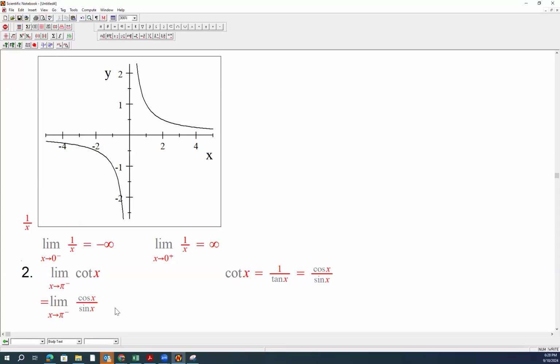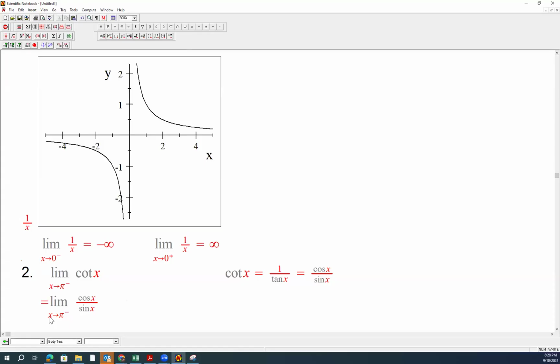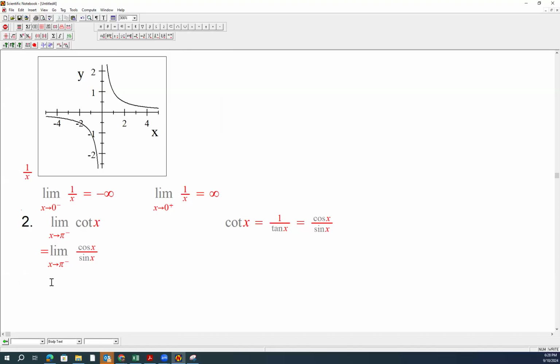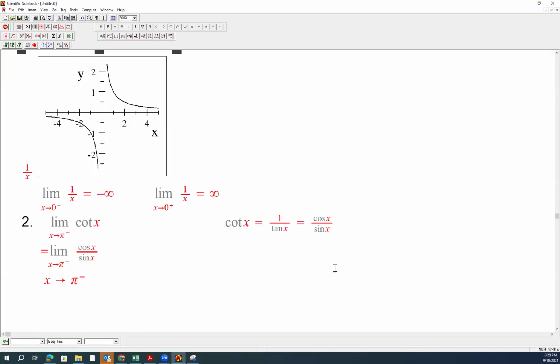So in this case, what will happen is that as x approaches pi from smaller than pi, let me move this just a little bit so you can see more of the screen. What does that mean if we talk about angle measurement?